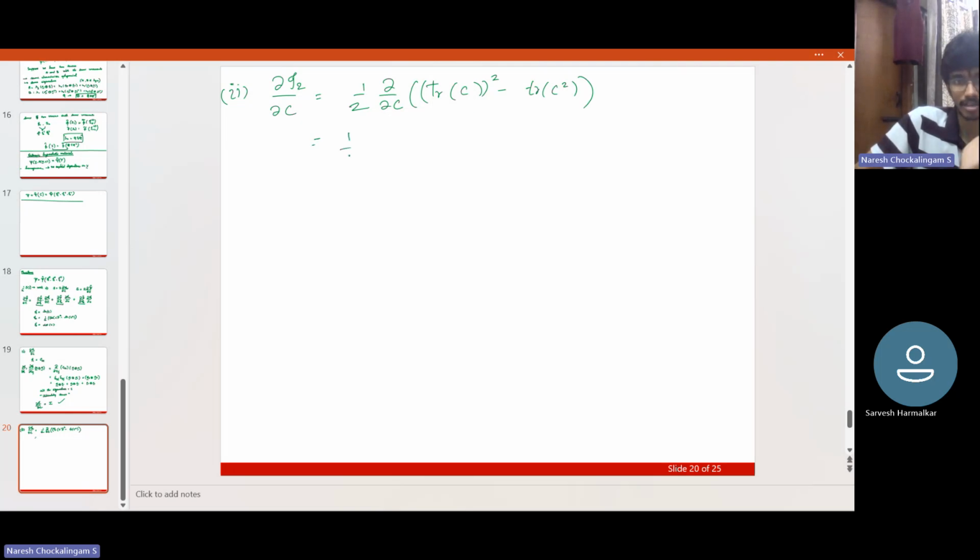If we apply the chain rule, this is a scalar with respect to a tensor, so it's 2 times trace of C multiplied with dou trace of C with respect to C, minus... Let me do it this way.